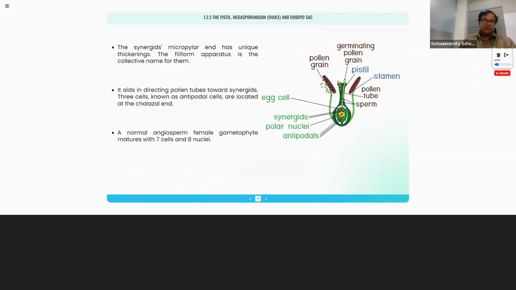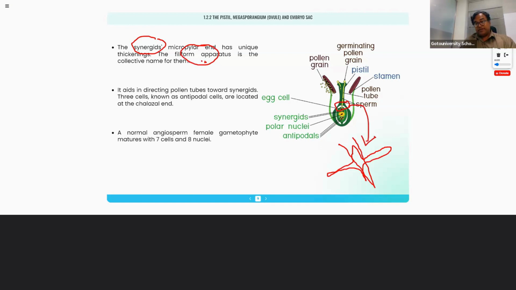Now, the filiform structure is formed by whom? By the synergids. Why is this filiform structure required? Where is it required exactly? It is required exactly at the micropyle area. This filiform structure is very, very important for making the pollen tube entry happen exactly at the micropyle area.